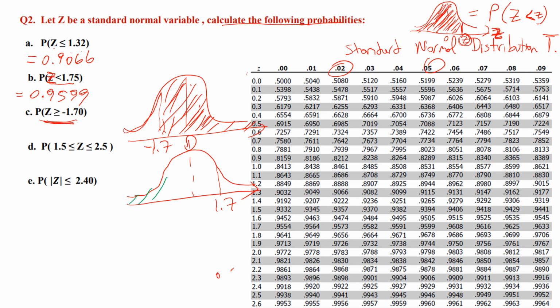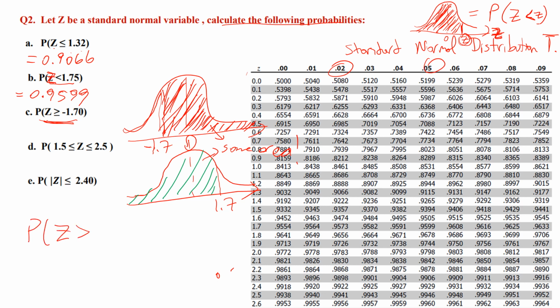As you see, this green part and the red part here are the same because of the symmetry around 0. So they have the same area.